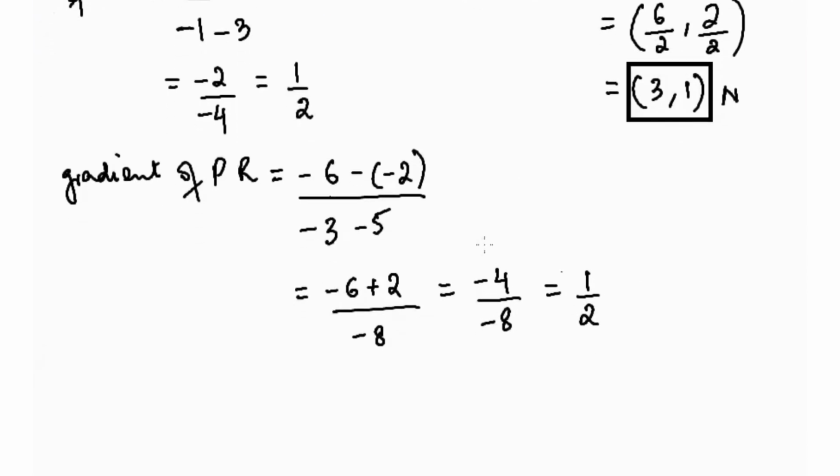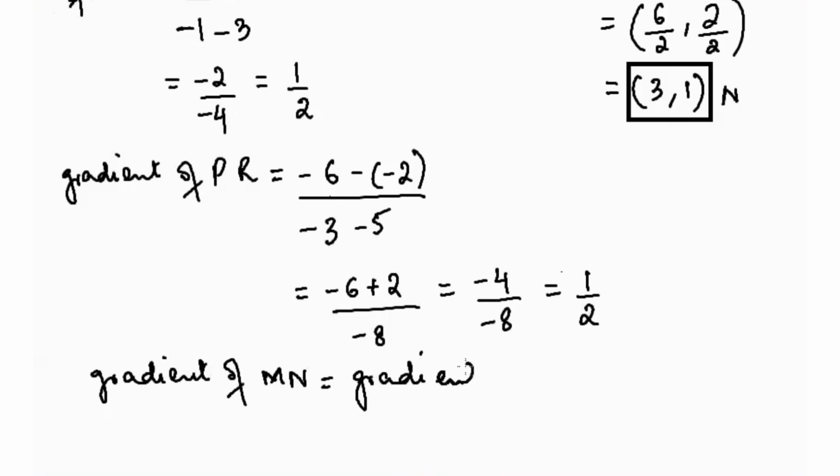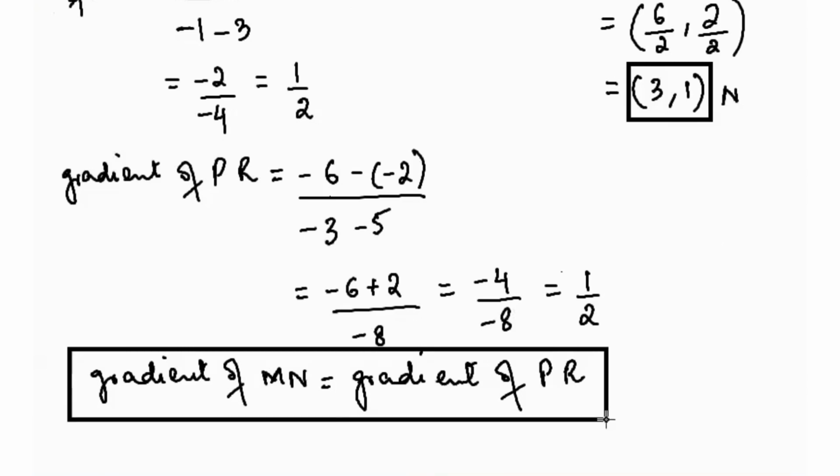Now, as you can see, gradient of MN is equal to gradient of PR. That means both lines are parallel. This is how you prove if two lines are parallel to each other. You show that the gradient is equal for both of them.